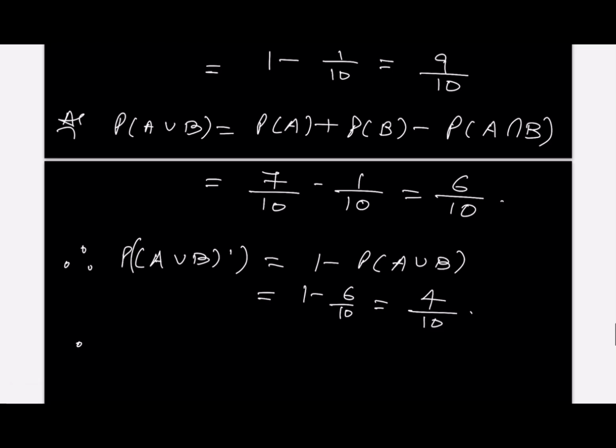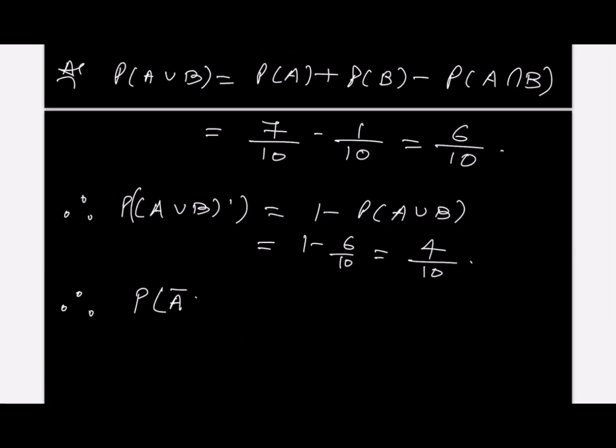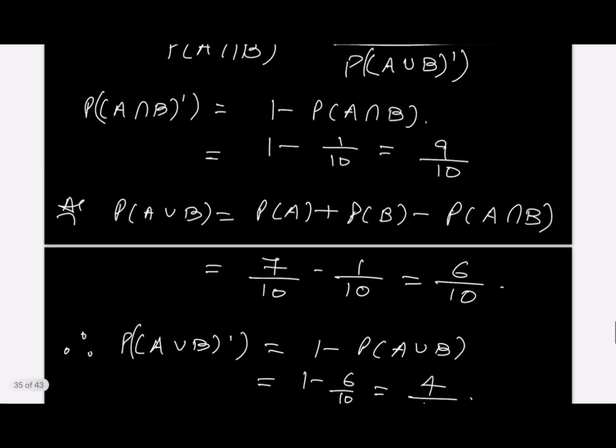So therefore P of A complement union B complement upon P of A complement intersection B complement is what?